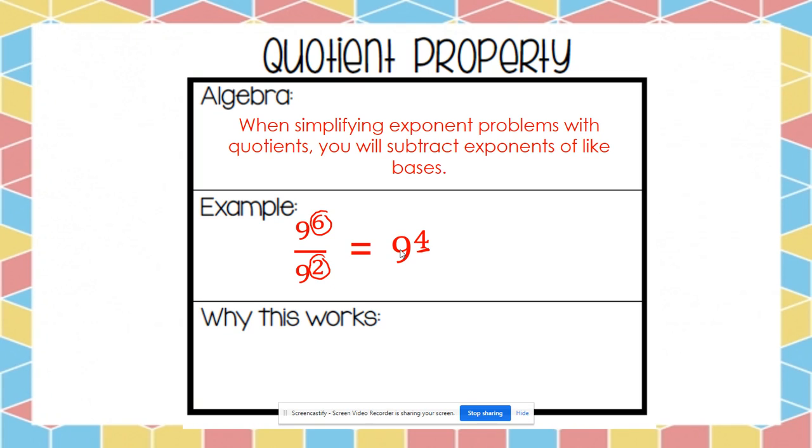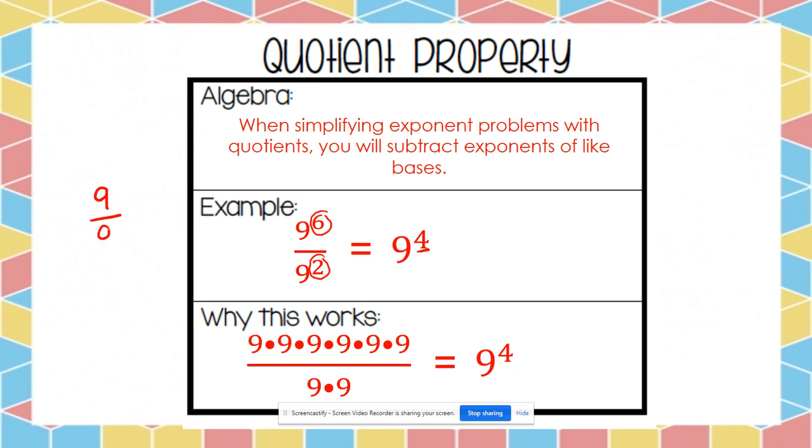If we did 9 to the 6th divided by 9 to the 2nd, that would be 6 9s multiplied by each other in the numerator and 2 9s multiplied by each other in the denominator. What we know is that every time we have a 9 over a 9, that means 9 divided by 9, which is 1.